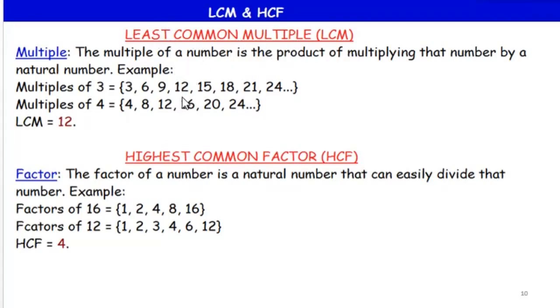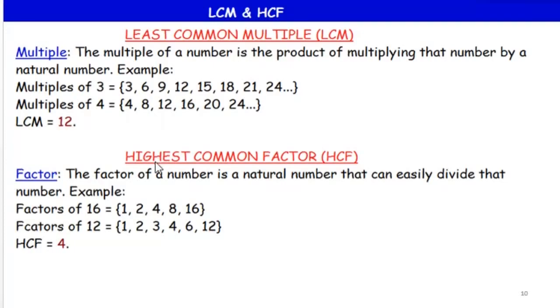So what is the least between 12 and 24? It is 12. So the LCM is simply 12. The least common multiple is simply the smallest of the common multiples of any two or more numbers. That is the general concept of the least common multiple.